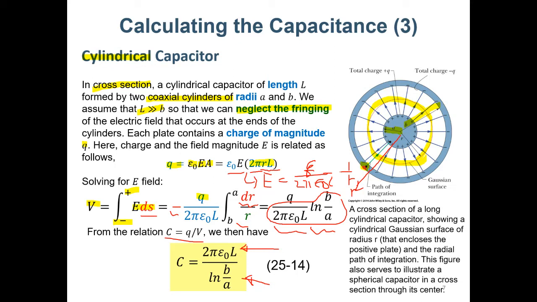But if b is equal to a, which means that b over a will be close to 1 and ln b over a will be close to 0. So it will become very large. But actually this will be more difficult to really fabricate this kind of capacitor, because you need to make the two radii very close to each other, but they are actually different. And you also need to make sure the two parts don't touch each other.